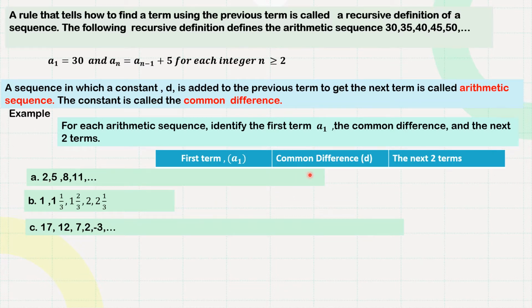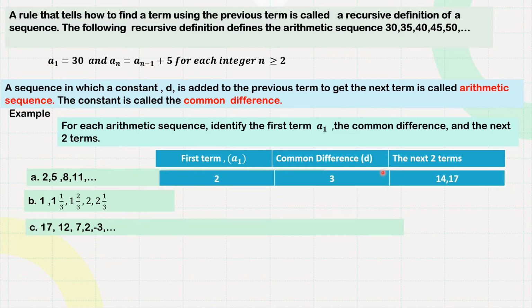And how can we get the common difference? The common difference is the second term minus the first term, or the third minus the second, or the fourth minus the third. So, 11 minus 8, or 8 minus 5, or 5 minus 2, the common difference is 3.